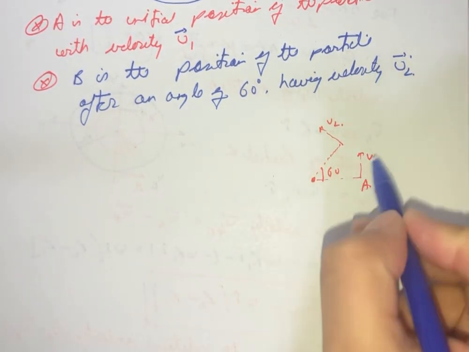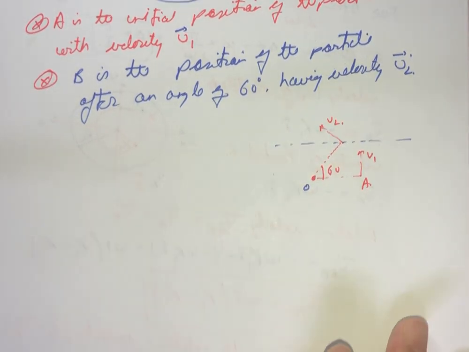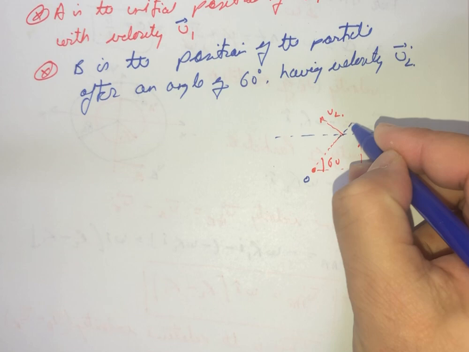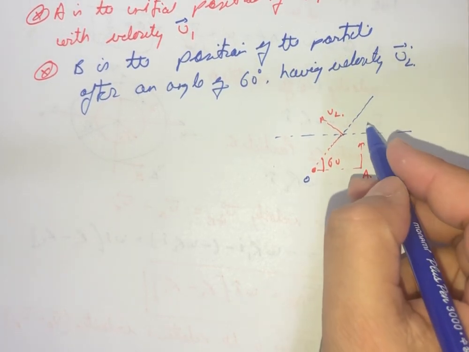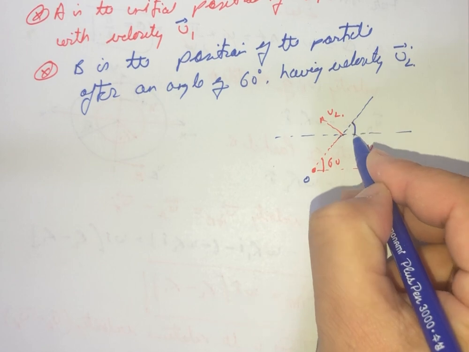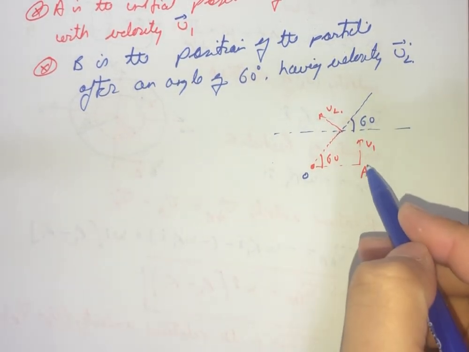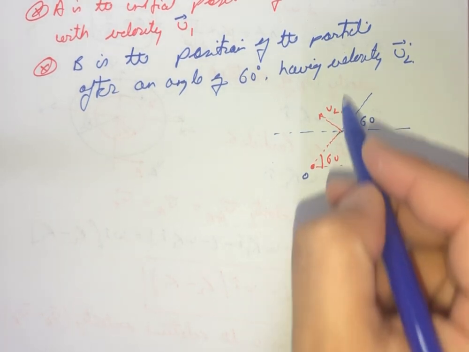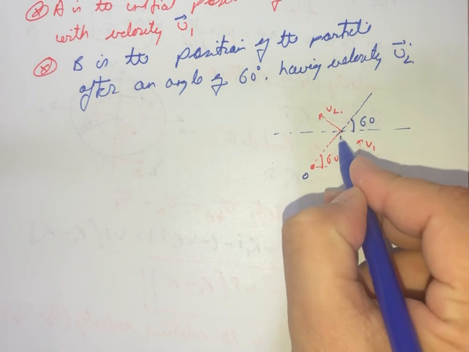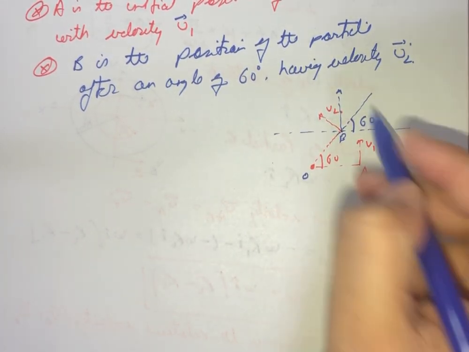So let us draw a line parallel to OA, and extend this one. So we get this will be 60 degree, and transpose the vector v1 along this point, which is B, and this will be our v1.